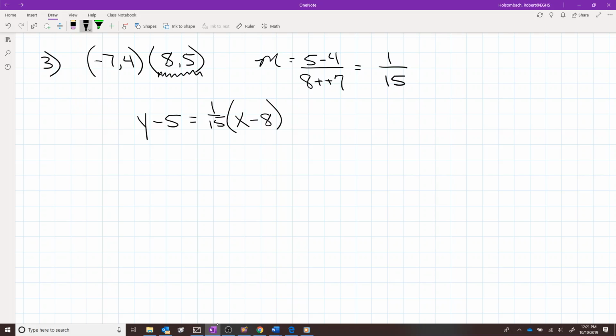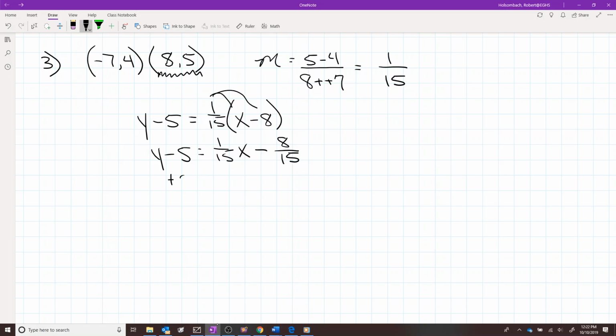If you distribute now, you've got y minus 5 equals 1/15 x minus 1/15 times -8 is -8/15.